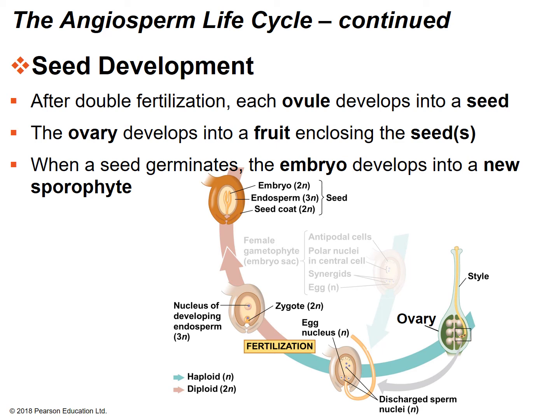Seed development. After double fertilization, each ovule develops into a seed. The ovary develops into a fruit enclosing the seeds. When a seed germinates, the embryo develops into a new sporophyte.